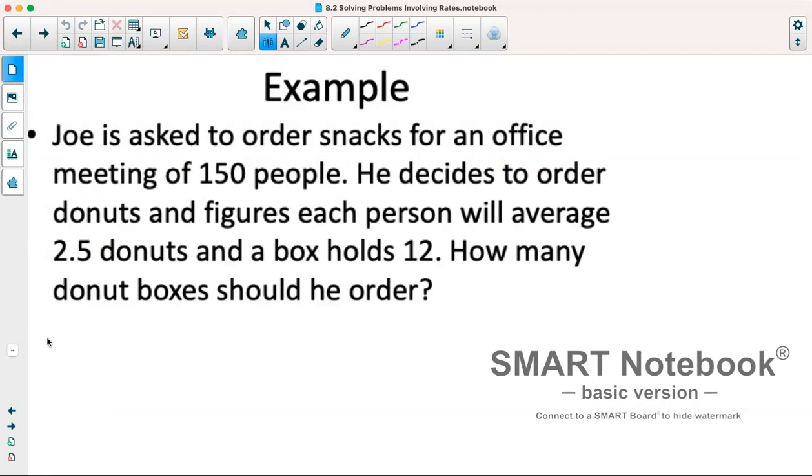So, I would say the number of donuts needed would equal our donuts per person times our amount of people.